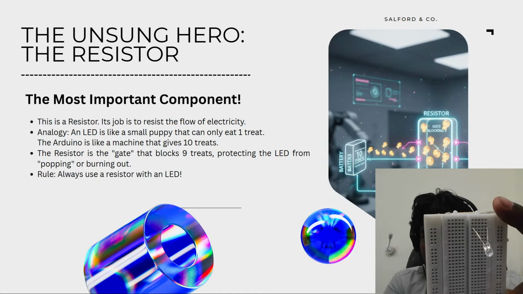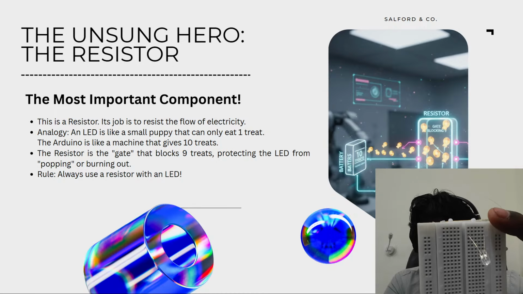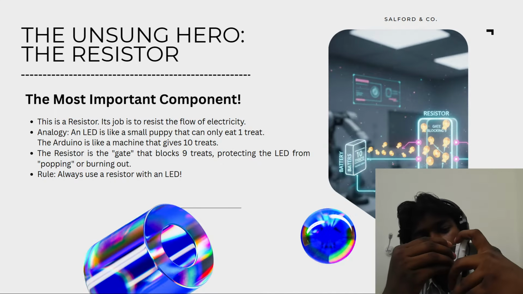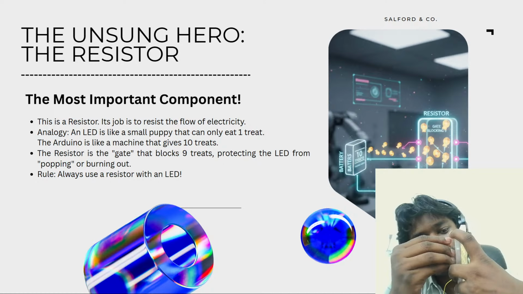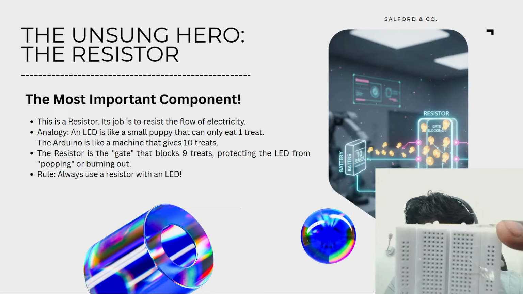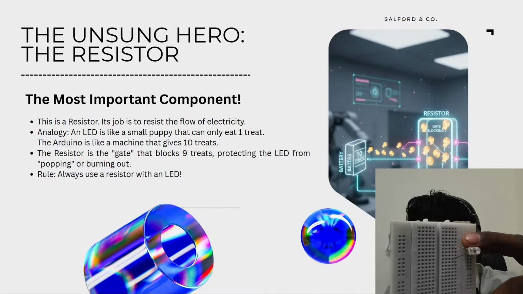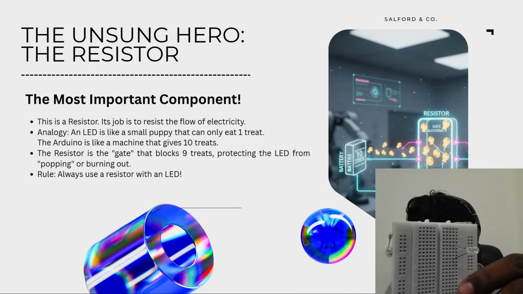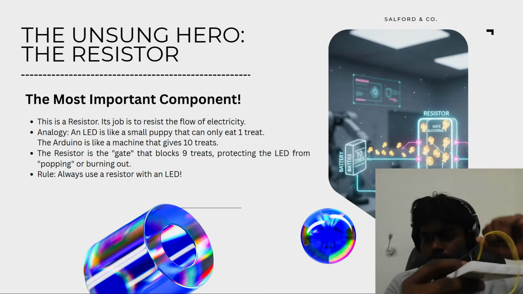So we should not put our LED like this in a breadboard. We always have to make sure that whenever we are interfacing an LED in a breadboard, both legs should be in a different row. Okay. So this is how we interface an LED in a breadboard.